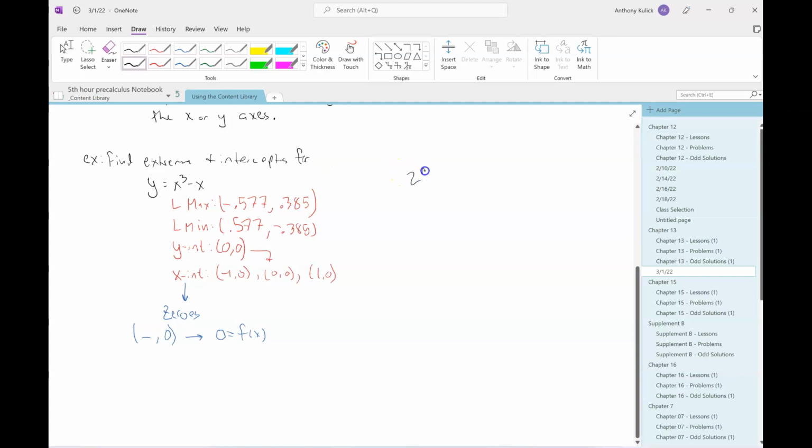Just as a summary, that calculate menu you get by pressing second and then trace. We used the maximum command to get all your maxes.